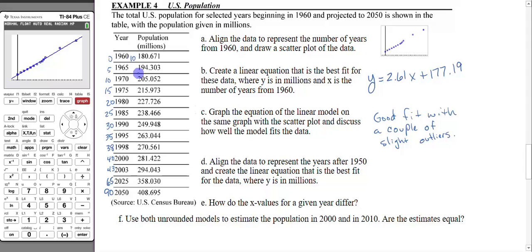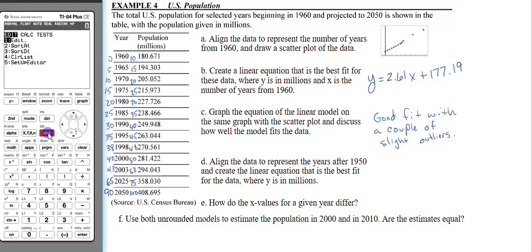So let's do 10, 15, 20, 25, 30, 35, 40, 45, 48, 50, 53, do a 75, and a 100.